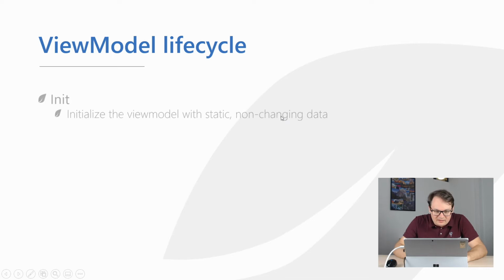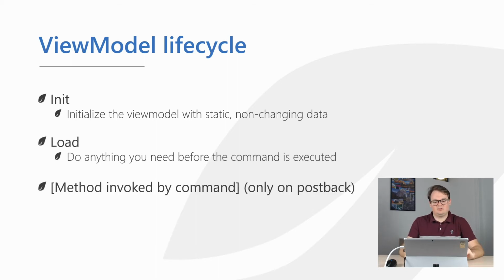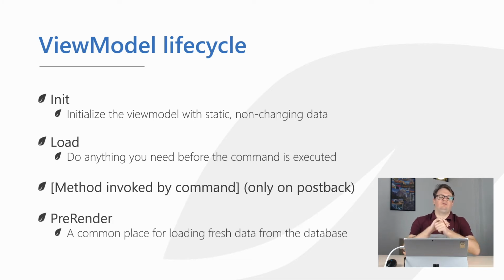So that's it. And on the server, there are some methods in the view model that can be called, and they are called in this order. So first we have the init method, which is called right after the view model is created.